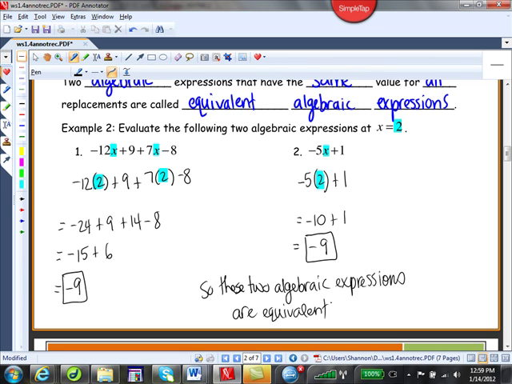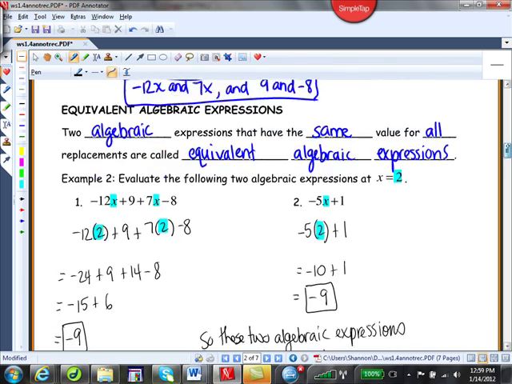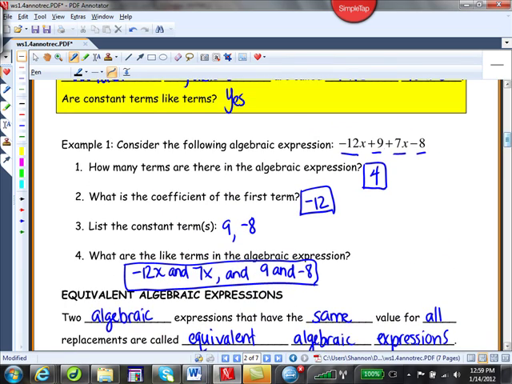And what you may have noticed, right, if we kind of sneak up here and take a look at this one, if we combine like terms, so if we said negative 12x plus negative 8x, and then we have the 9. Oh, whoops. Remember, you're supposed to stop me when I'm making up my own math.